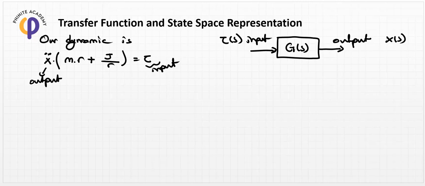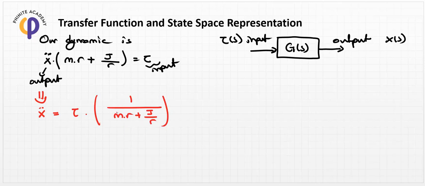In order to create the transfer function, in organized form x dot dot must be equal to what?